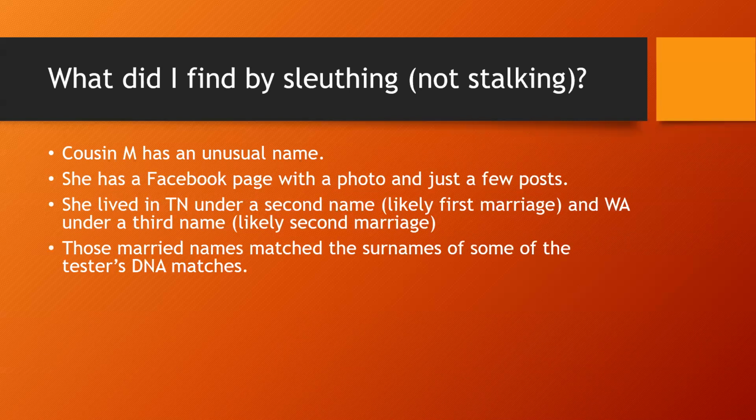Those married names matched some of the surnames of the tester's DNA matches. So way back in the beginning, where we had all those question marks next to all the matches, some of those surnames of the matches that are second cousins and third cousins have shared surnames with cousin M. They either match her birth name, they match what I think is her first married name, or they match her second married name.